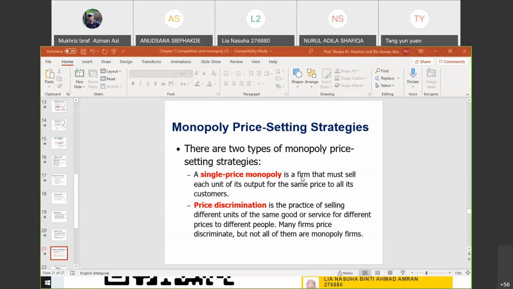In UAM, which is more like a kampung area, the price for a certain item will be cheaper than in KL. So that is price discrimination.